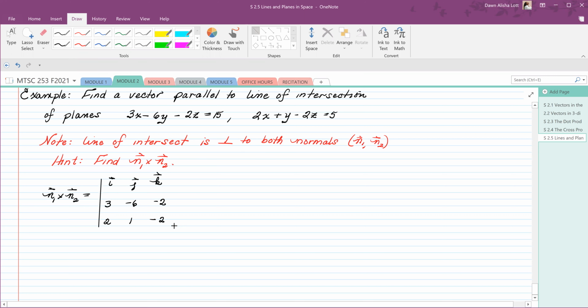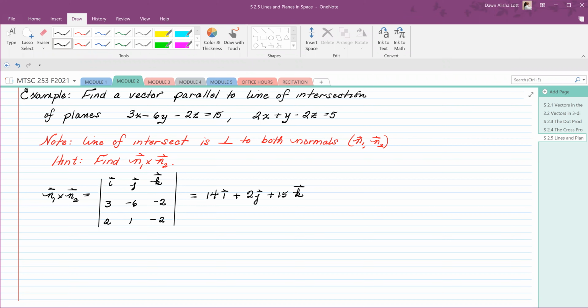So when I do that cross product, I get 14i plus 2j plus 15k. So that vector is parallel to the line of intersection of the planes.